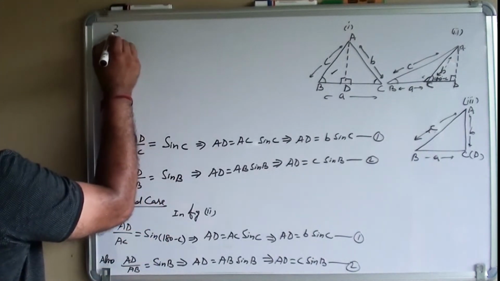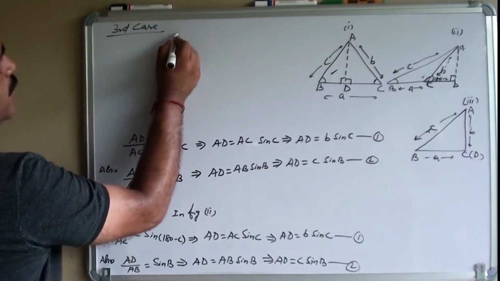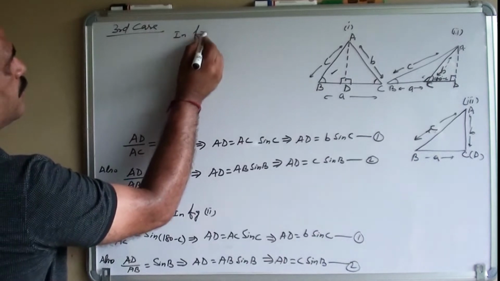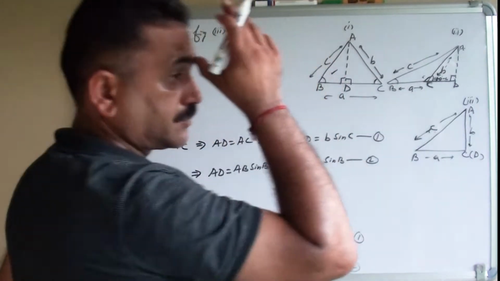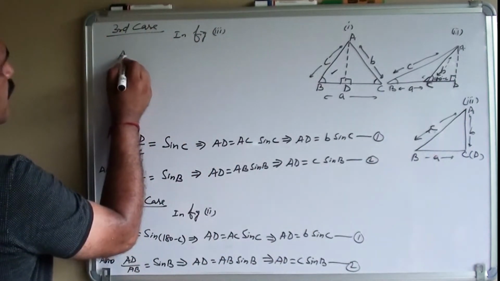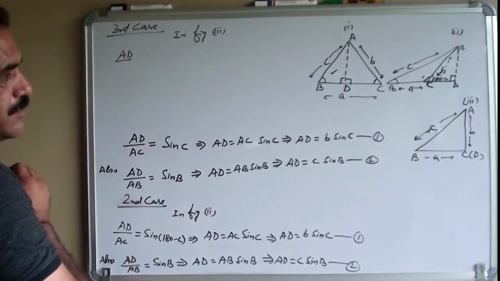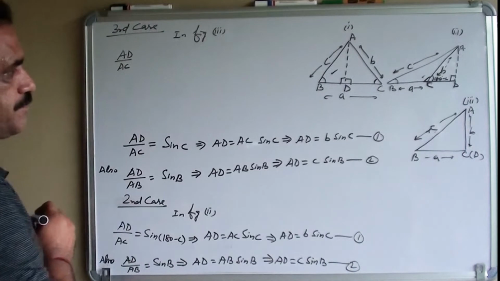Third case, in figure number 3, again, what is AD upon AC?